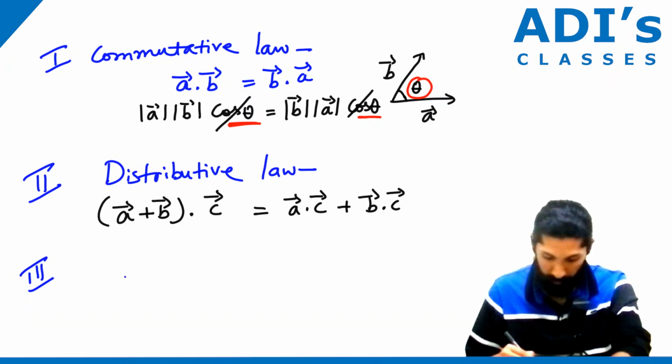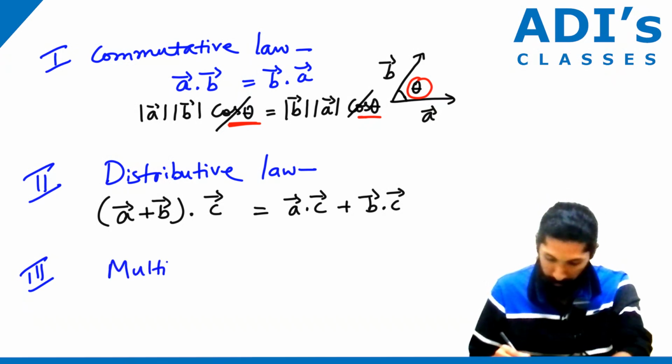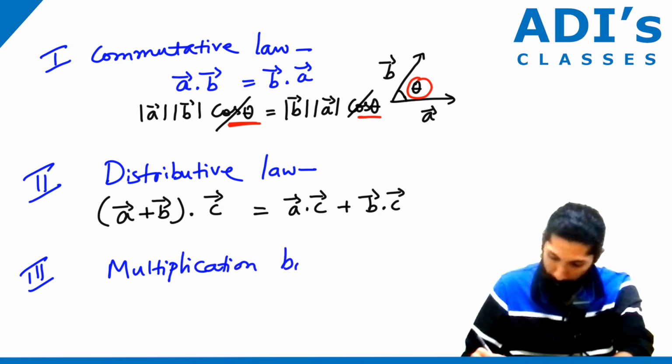Now the third law is multiplying by a constant.